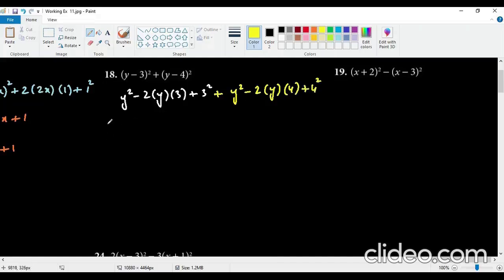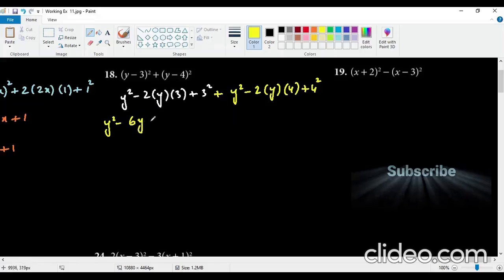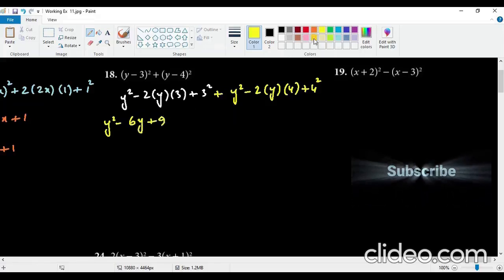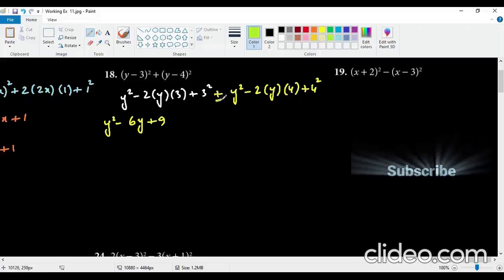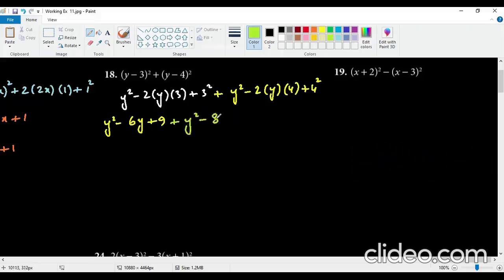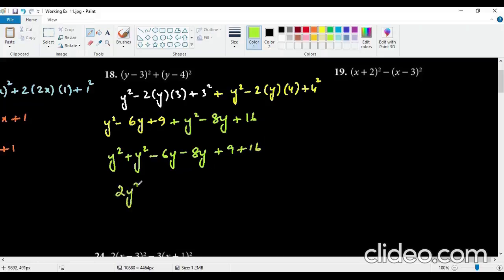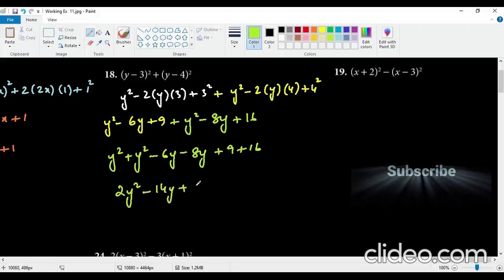Simplifying further, y square minus 6y plus 9, and now I'm using this plus sign over here, and y square minus 8y plus 16. So y square and plus y square, both are like terms, minus 6y and minus 8y, both are also like terms, and plus 9 plus 16, both are numbers. Final answer is going to be 2y square minus 14y plus 25 for this question.